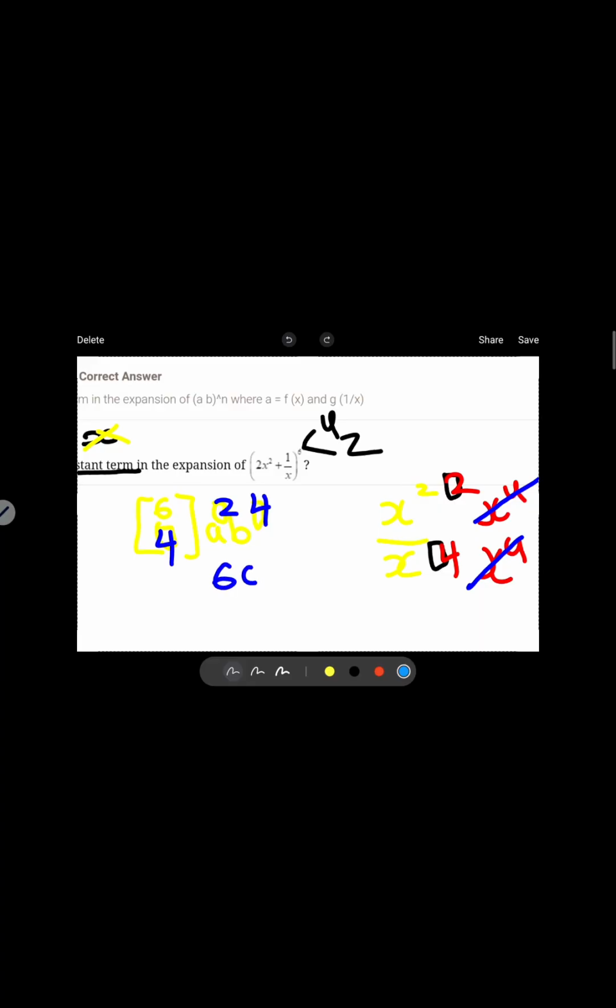6 c4, and then 2x squared plus 1 over, no wait, this is not how you put on the calculator, I'm just simplifying it first, to the power of 4.